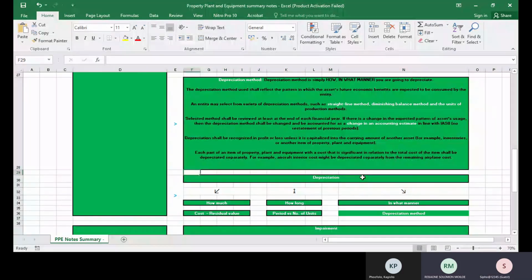So what I've done here is a summary of the depreciation. You need to know how much, meaning cost minus residual value. Then you need to know how long, period versus number of units, which is what you've been discussing.